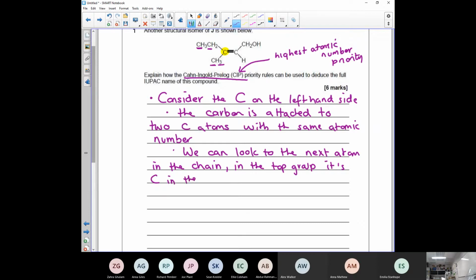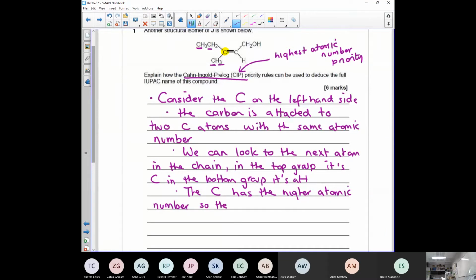In the bottom group, it's a hydrogen. Now, because we've gone to the next atom in the chain, that next atom is different. In the top group, it's a carbon; in the bottom group, it's a hydrogen. So the carbon has the higher atomic number.